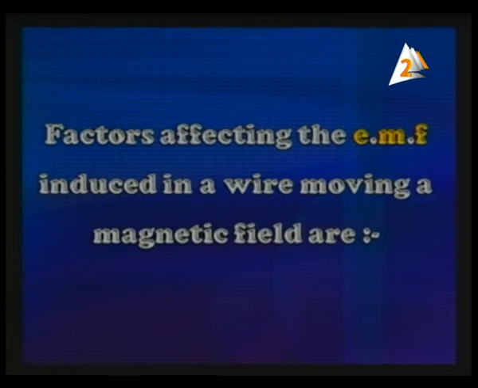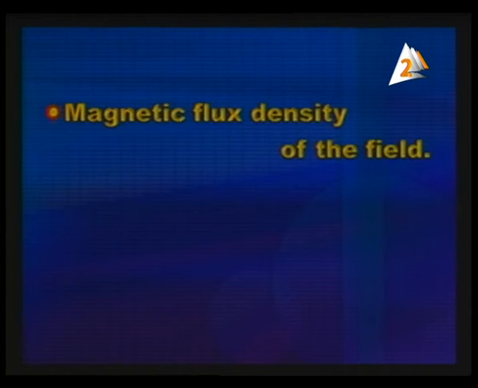Now, talking about the EMF induced in a wire moving in a magnetic field, the factors affecting the size of this EMF. First of all, the magnetic flux density of the field.